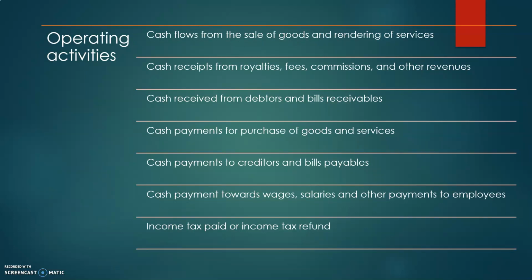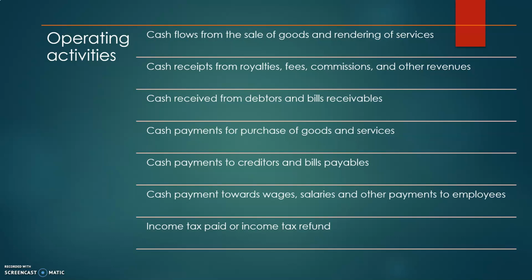And now, one by one, let us see some common activities that will come under each subdivision of cash flows. The first one is the operating activities. Cash flows from the sale of goods and rendering of services, that we have already discussed. If you are selling goods or providing services, then the cash flows out of that are related with operating activities.